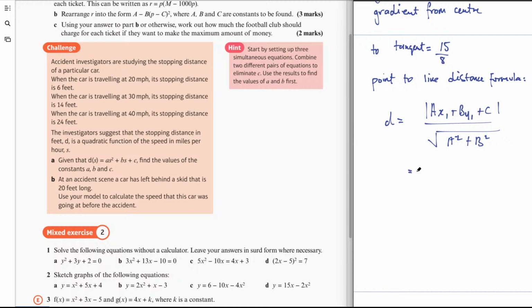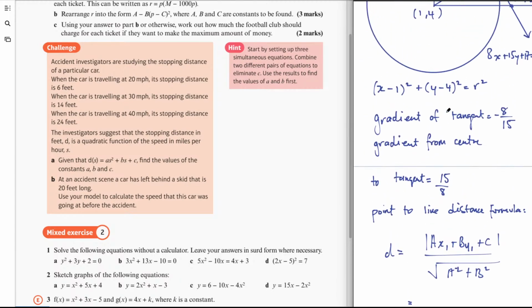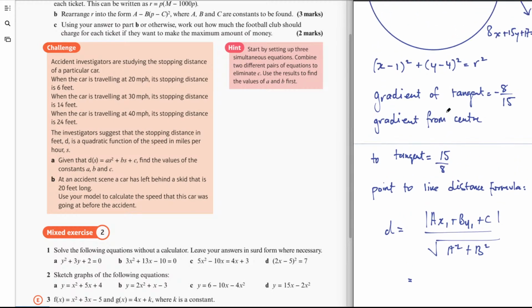So let's try to use this formula then. So the absolute value of a, I guess this x1 and y1 refer to the points, so a times 1 plus b, sorry, not b, 15 times 4 plus 17 over the square root of 8 squared plus 15 squared.